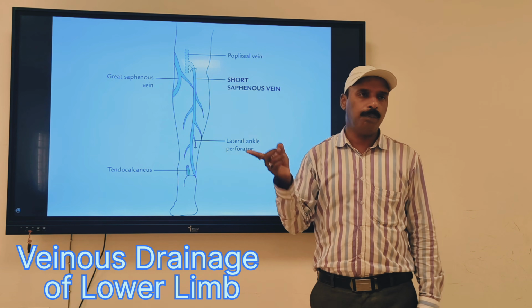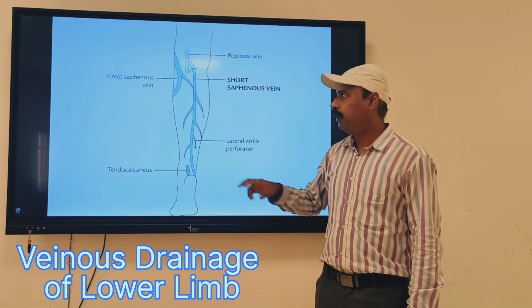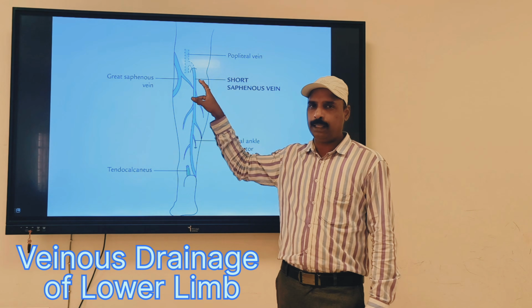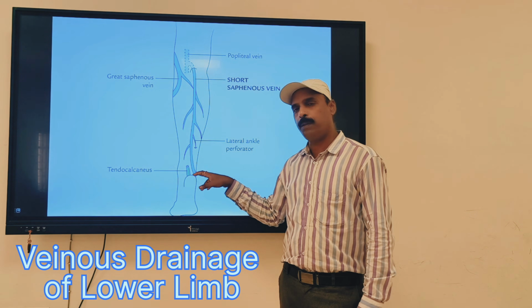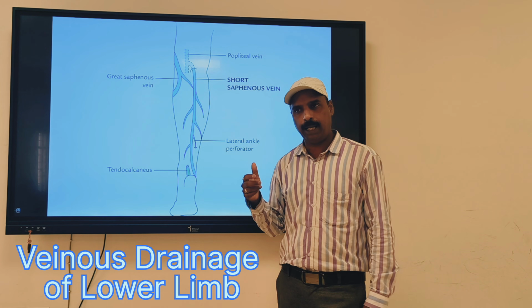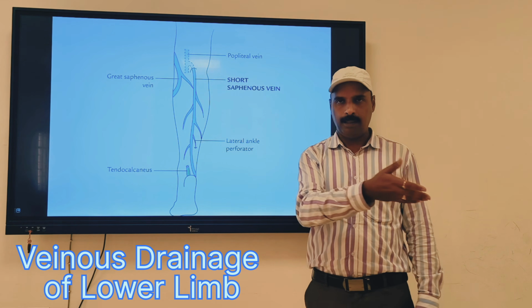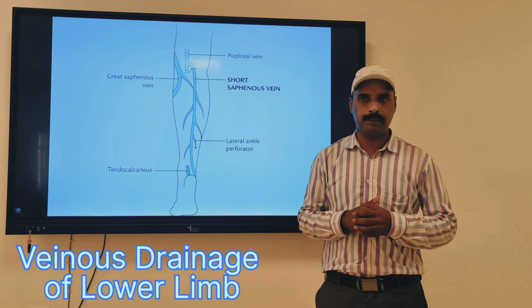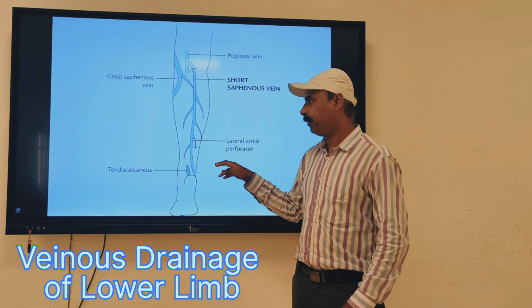The great saphenous vein opens into the femoral vein, and this short saphenous vein opens into the popliteal vein. So the course of the short saphenous vein can be asked. Great saphenous vein, in the last exam, was a long question asked for 10 marks. So you should know that, it is very important.